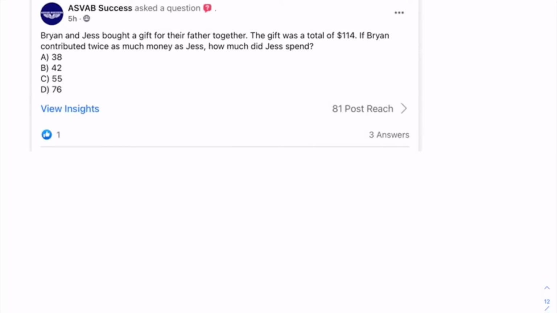So, Brian and Jess bought a gift for their father together. The gift was a total of $114. From that statement, I figure out that Brian spent a certain amount of money and Jess spent a certain amount of money. And that money together equals the $114, which is the price of the gift. Okay?